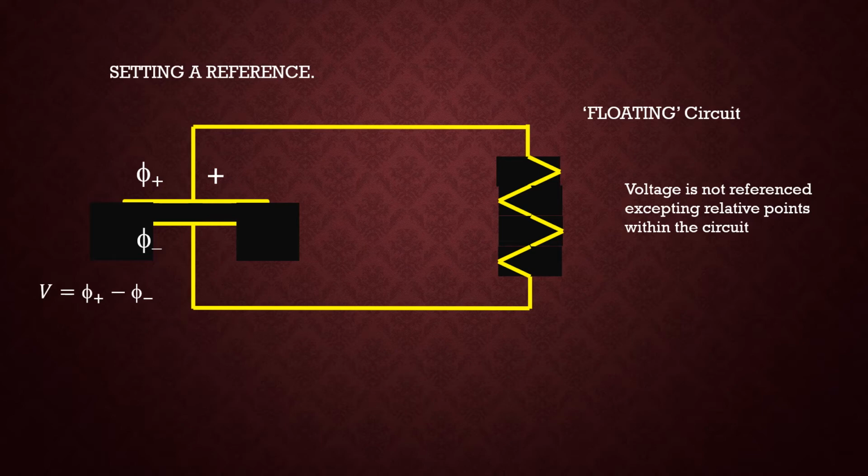I can only define a difference. So the voltage expressed is strictly the difference between phi plus and phi minus. There's no meaning to this otherwise. And in this case, we refer to the circuit as floating. So it's not, in a sense, anchored to anything.